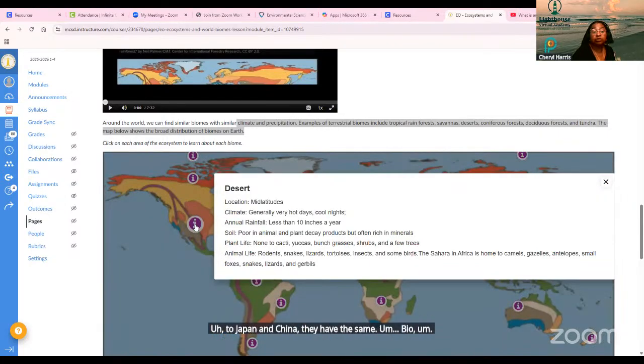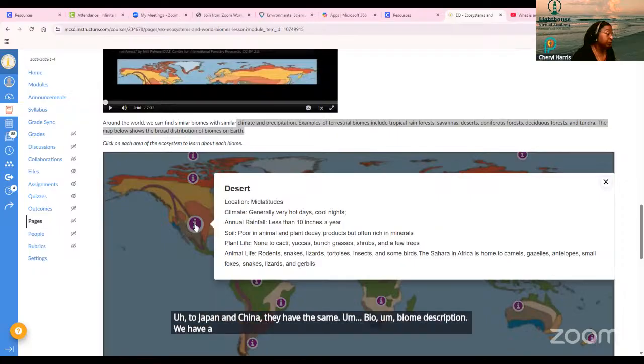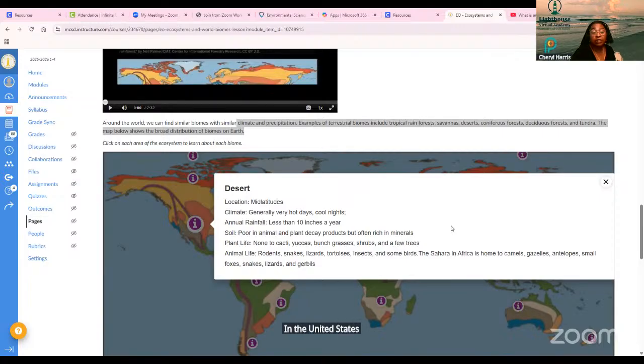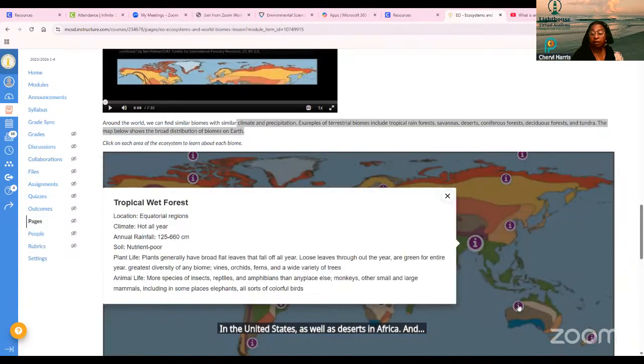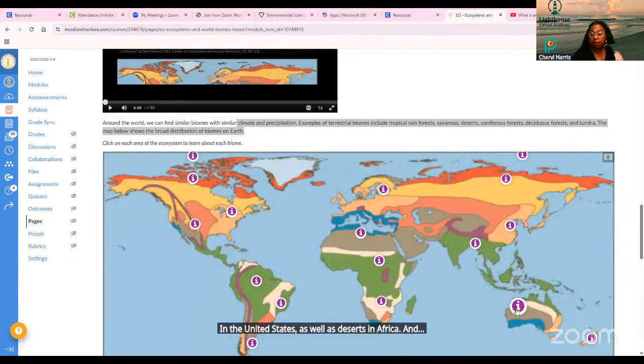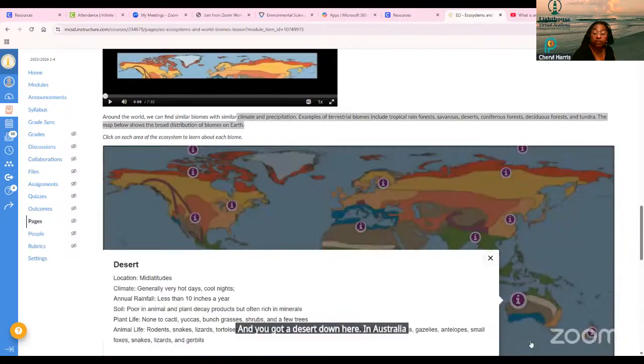We have a desert. Some people don't realize that we have a desert in the United States, as well as deserts in Africa, and you have a desert down here in Australia. So there are different locations for desert.